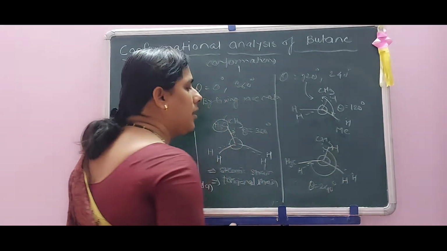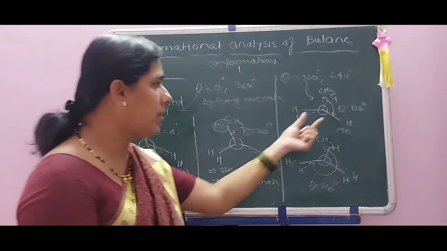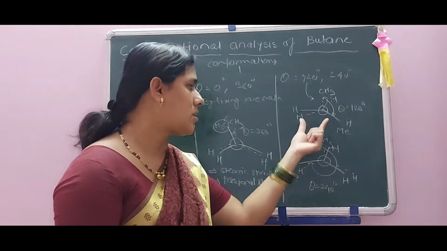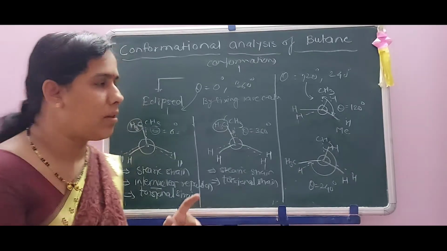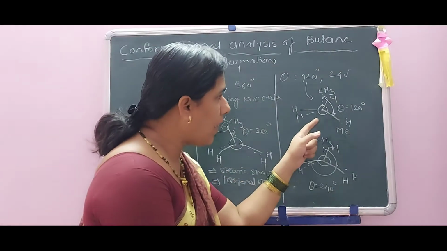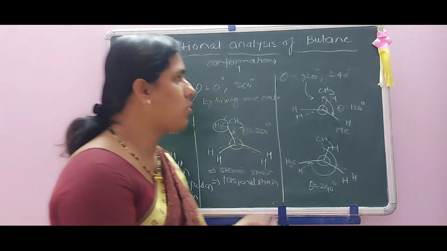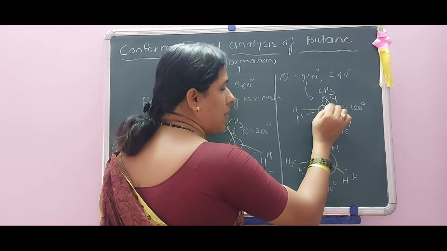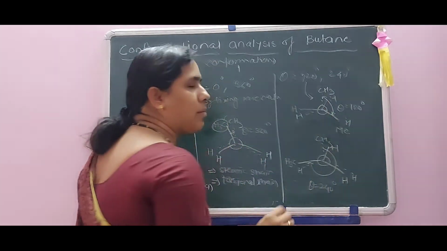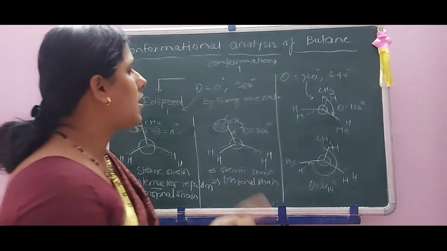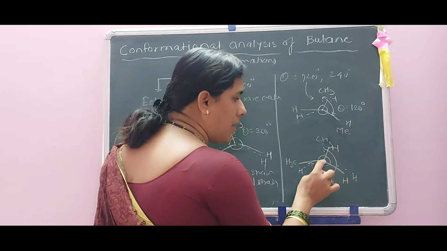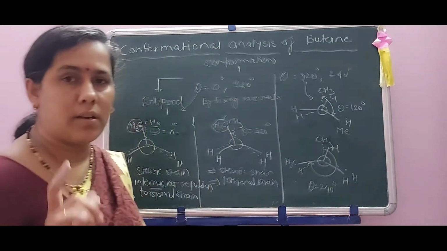Now in these conformations they are eclipsed with each other. These structures cannot be isolated because the rear methyl group of the carbon atom is eclipsed with the hydrogen atom of the front carbon atom. Here also the CH bonds of the front and rear carbon atoms are situated at a near distance.